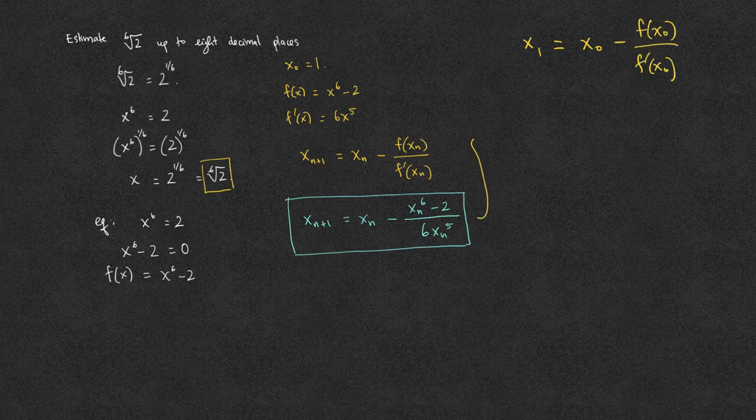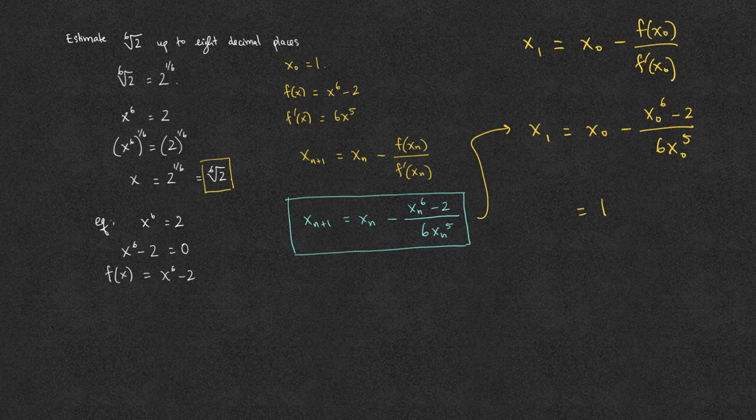But we already have the general formula for x sub n plus 1. X sub 1 is x sub 0 minus x sub 0 to the 6th power minus 2 over 6 times x sub 0 to the 5th power. But what is x sub 0? We guess that x sub 0 is 1.